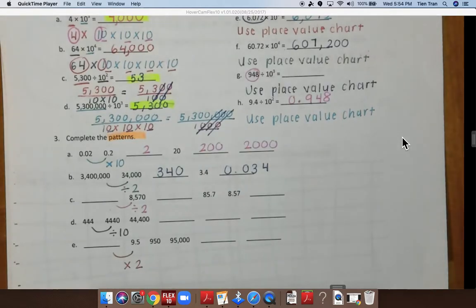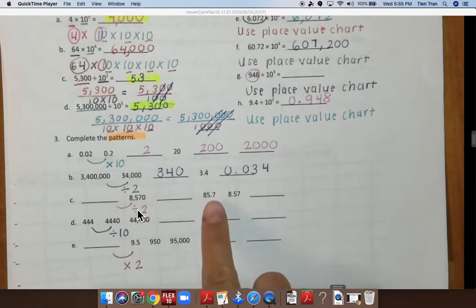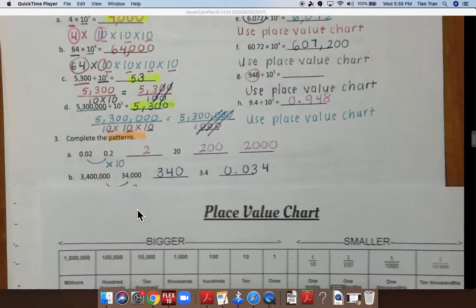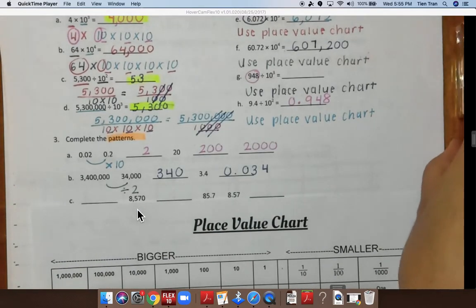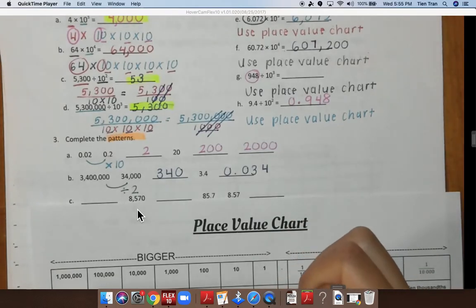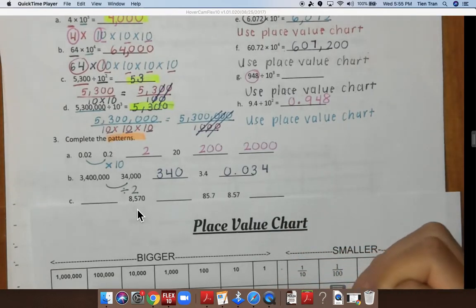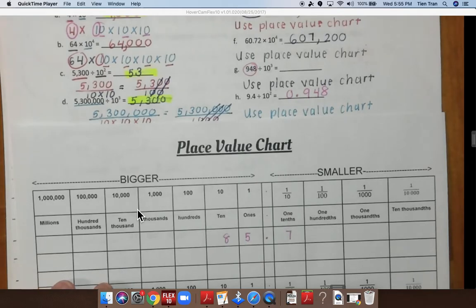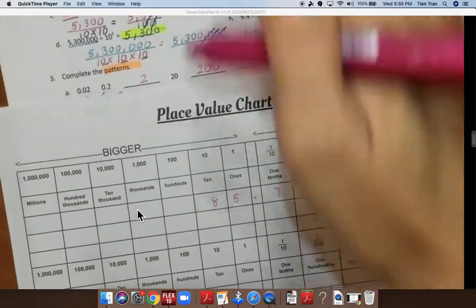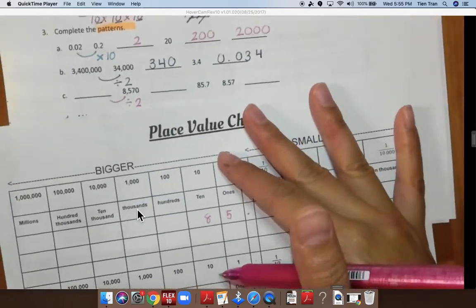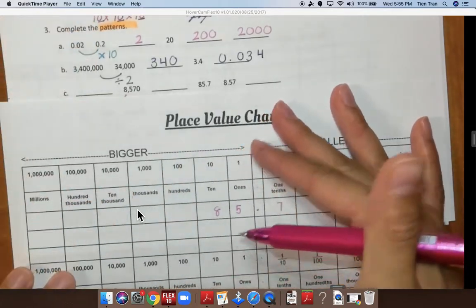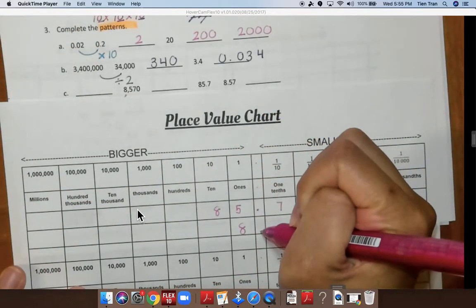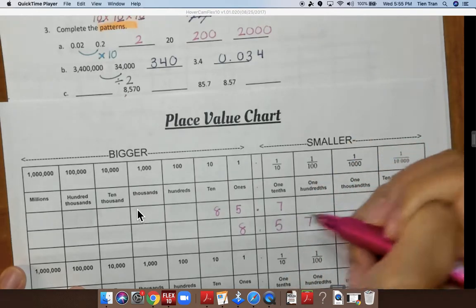Now, I'm going to go over the next question for problem C. I can look at these 2 numbers right here, so you can kind of see. I have 85 and 7 tenths. Let me move this up. 85 and 7 tenths, and then it changes to 8 and 57 hundredths.